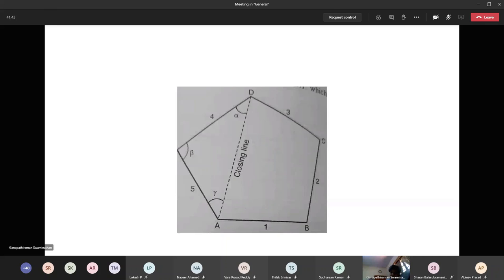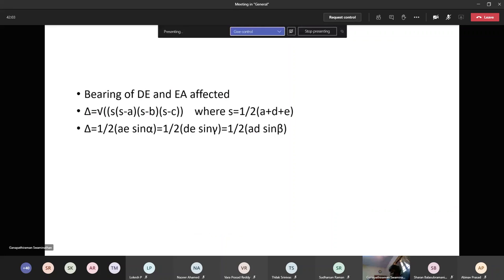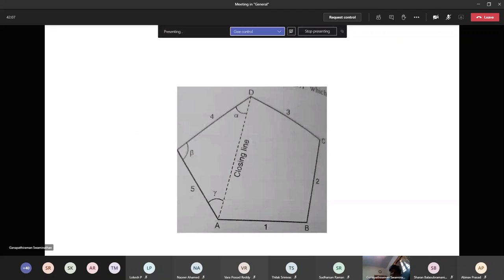I will join the line AD. Can I find out the length of AD?